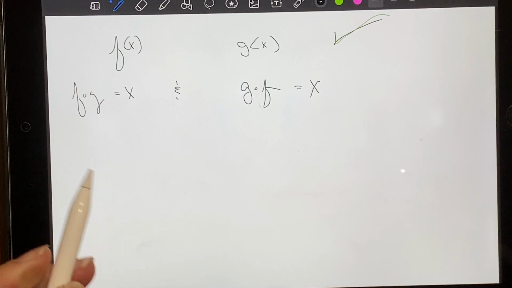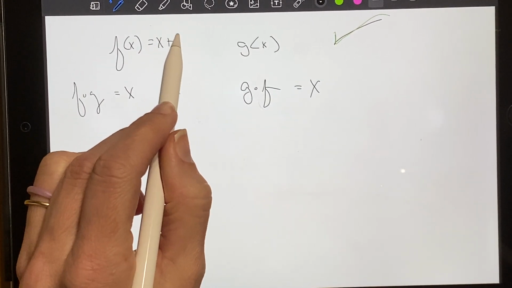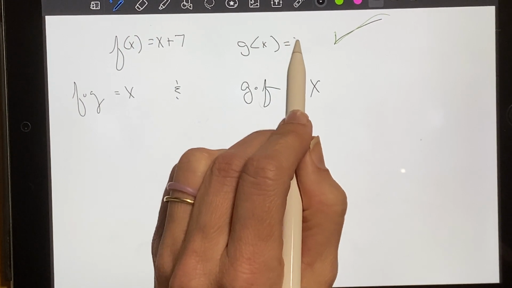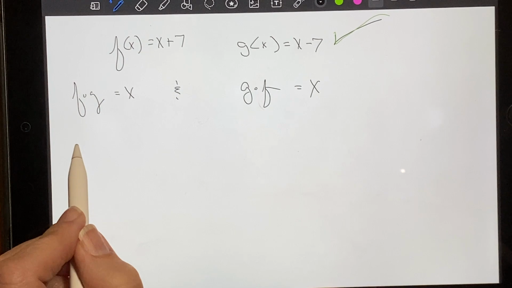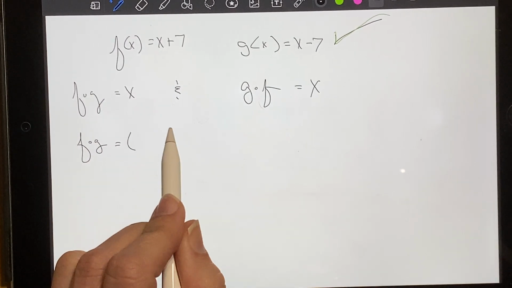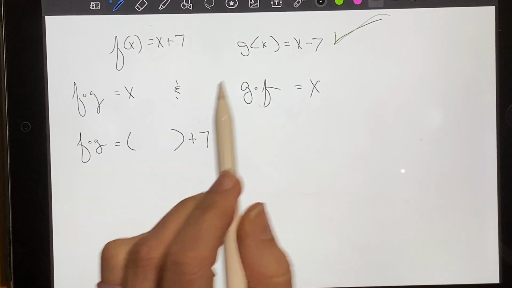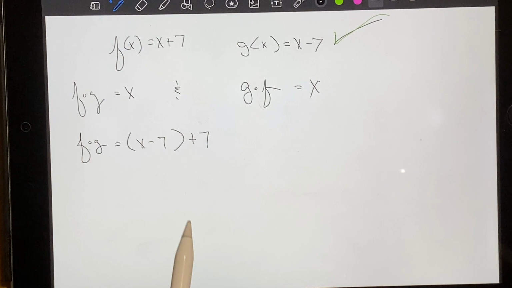So when they give you for 25, f of x equals x plus 7 and g of x equals x minus 7, we're going to do composite. So f of g here means that I leave my space for my x, do plus 7, and I'm going to plug my g all the way into that space, x minus 7.